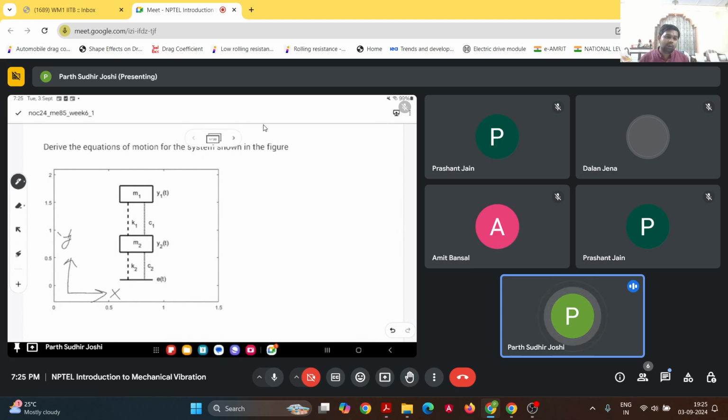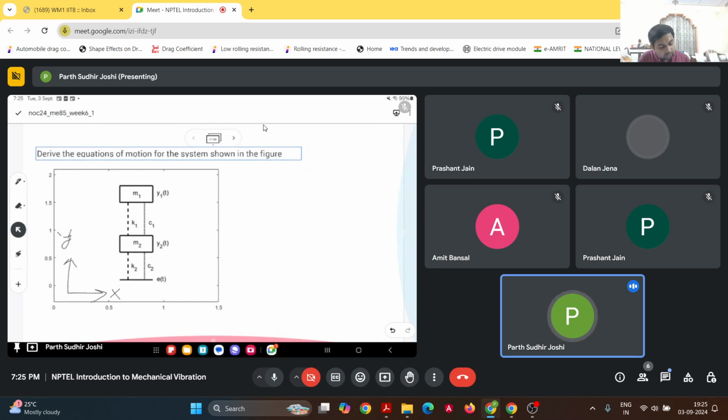So we have this 2 degree of freedom system, and what we have to do is derive the equations of motion for it. We have two masses m1 and m2 connected together by springs with stiffness k1 and k2, and viscous dampers with damping coefficients c1 and c2.